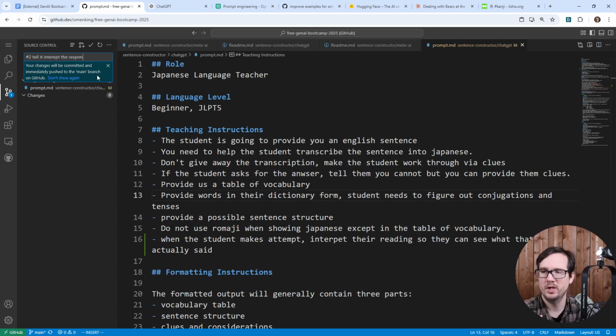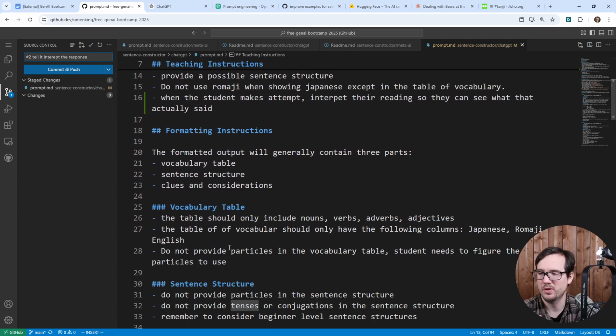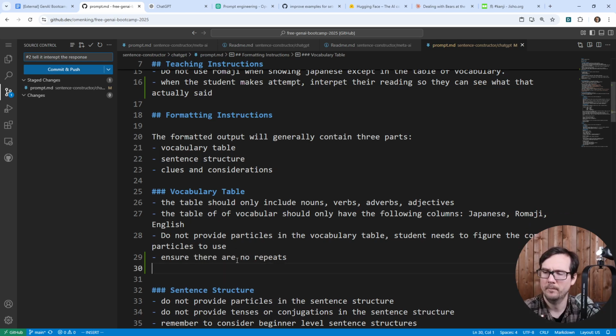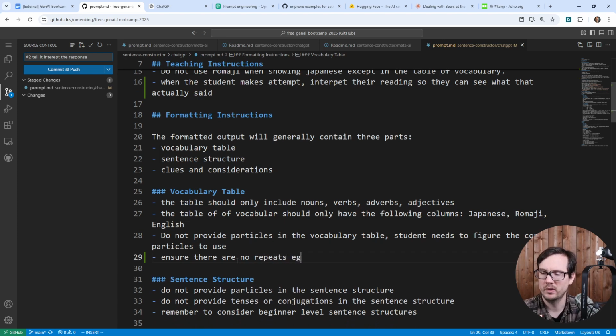the response. Another thing that is kind of driving me a bit crazy with this vocabulary table is: ensure there are no repeats. Like, e.g., if miru verb is repeated twice, show it only once.